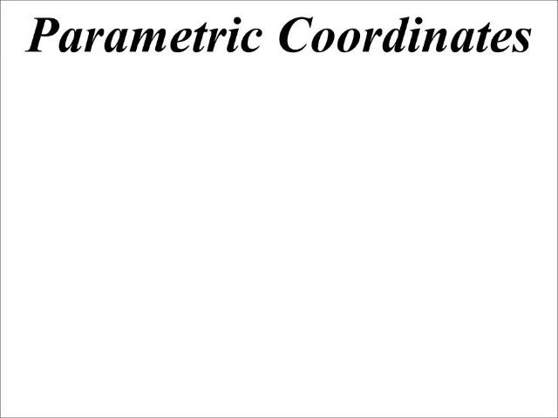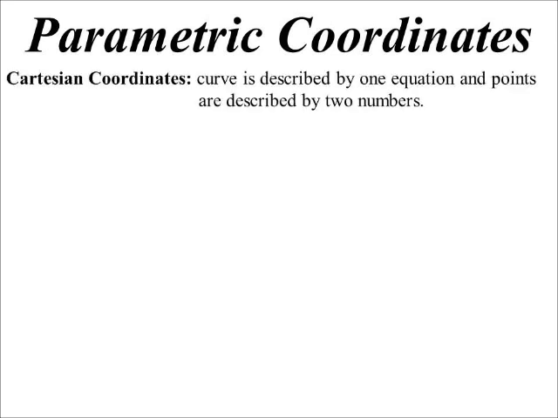The first thing is to talk about this idea of parametric coordinates. Parametric means pair of measures. We're used to Cartesian coordinates, where we represent the equation of the curve with one equation, but then represent the point with two numbers, an x coordinate and a y coordinate.